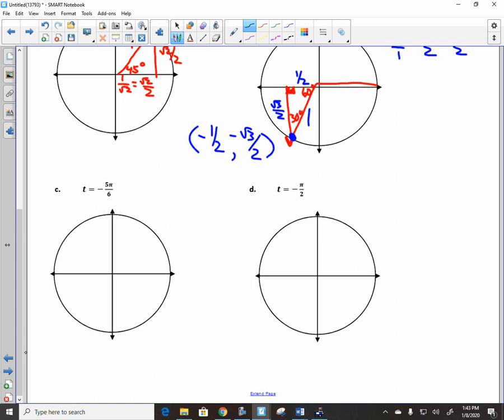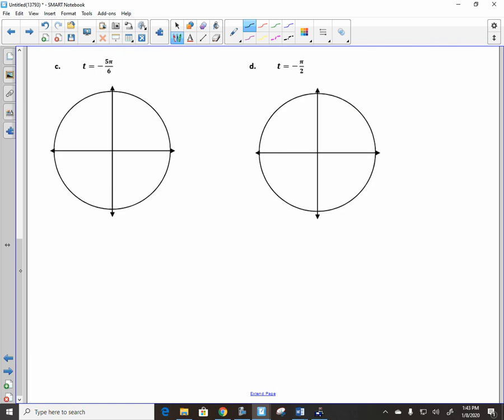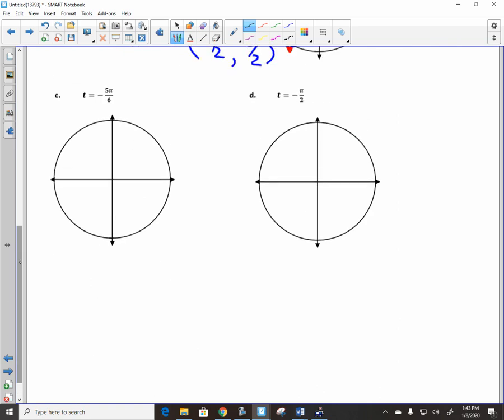Can somebody tell me what's different about letter C? It's negative. So let's suppose it was positive. What's 5 pi over 6 in degrees? Let's convert it. 5 pi over 6 times 180 over pi.